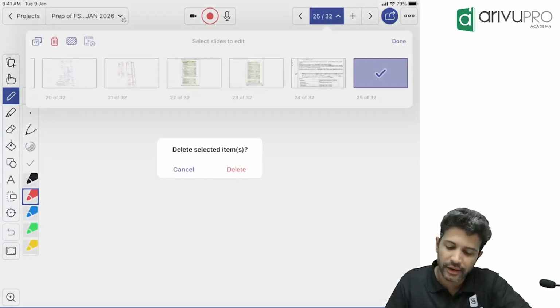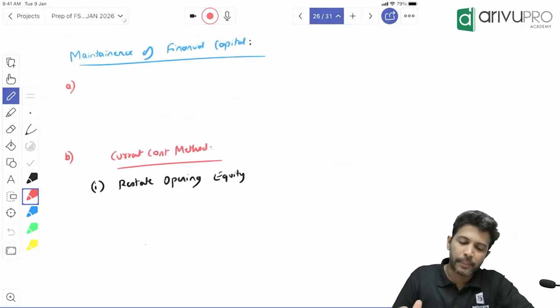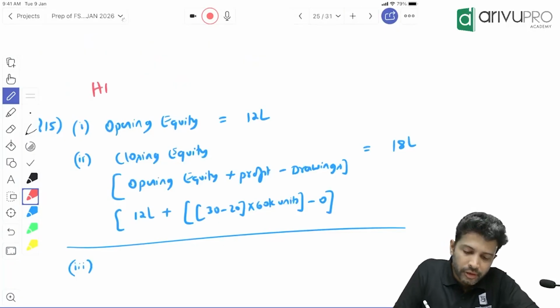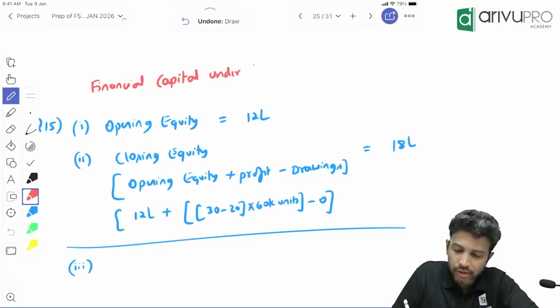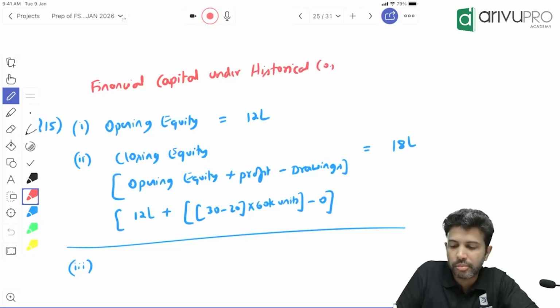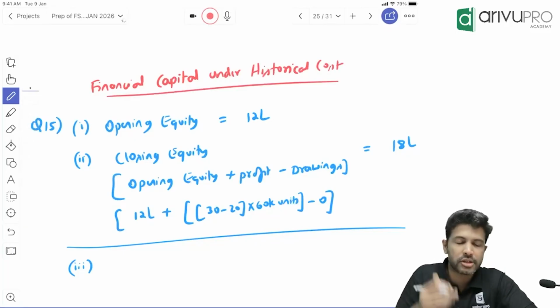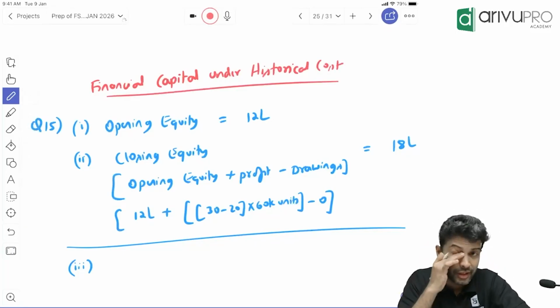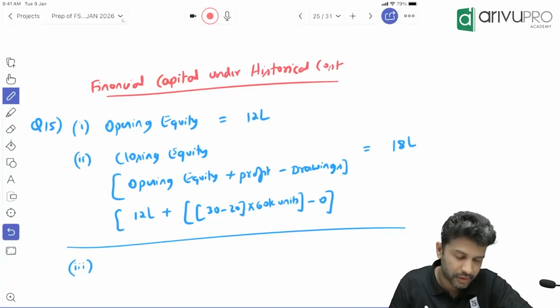That we will write as a heading: financial capital under historical cost method. In historical cost method, what they say is, listen everybody for a minute.